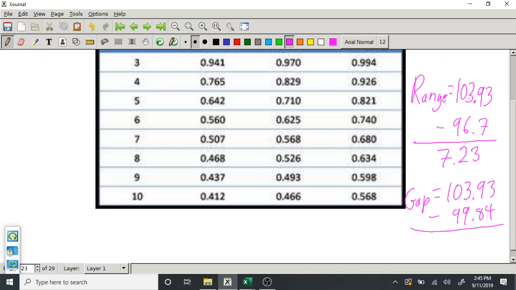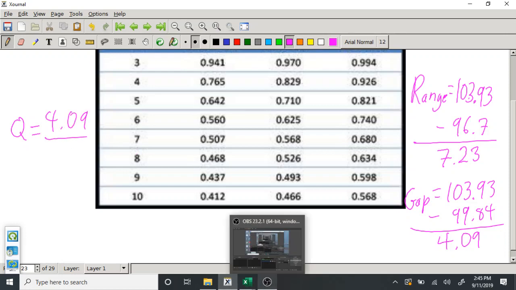What's that? 4.09. So in this particular case, my Q would be 4.09 divided by 7.23.